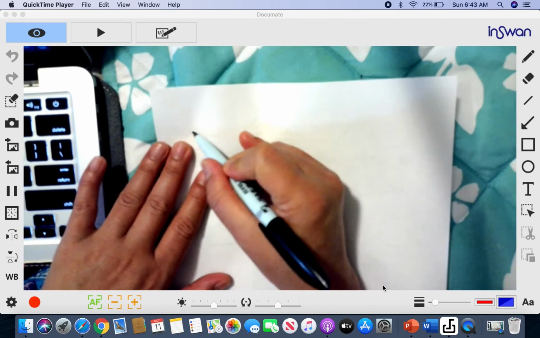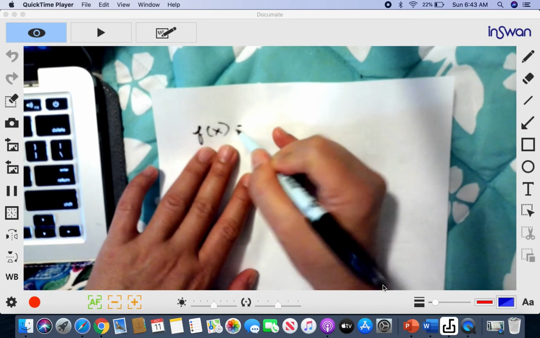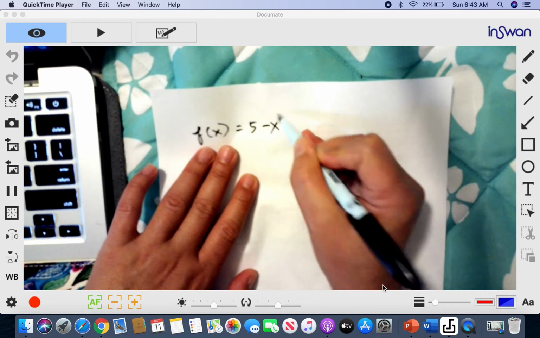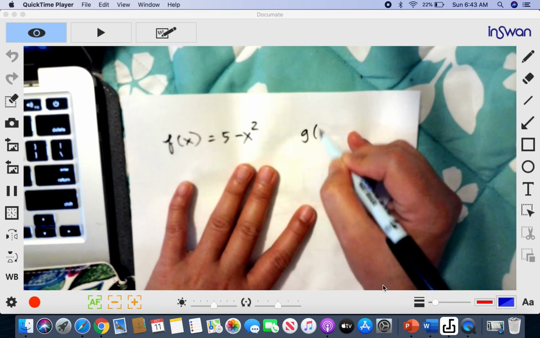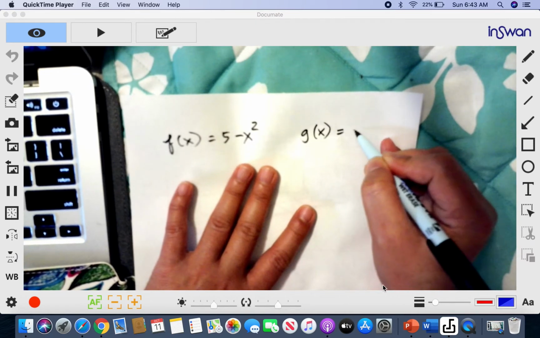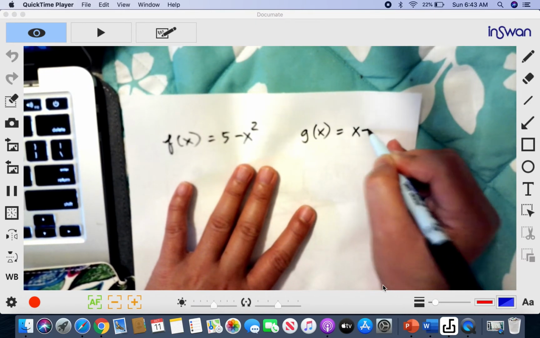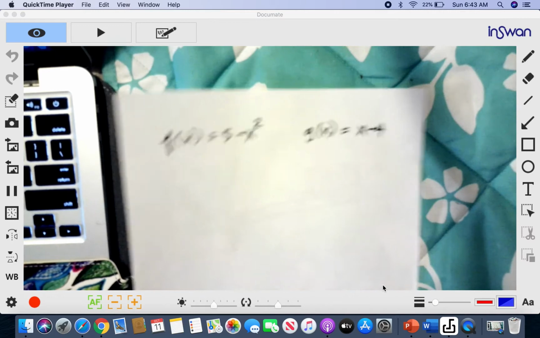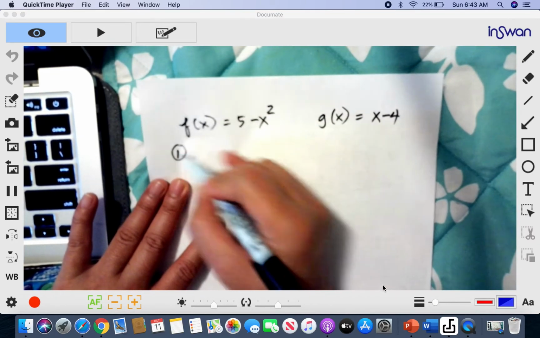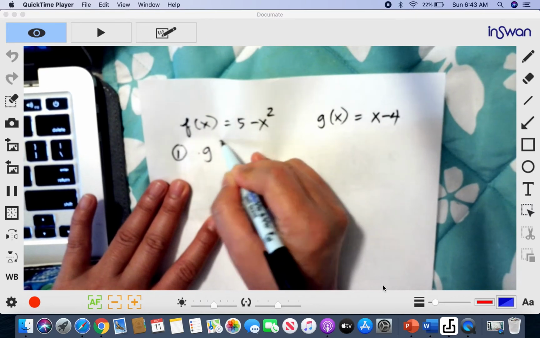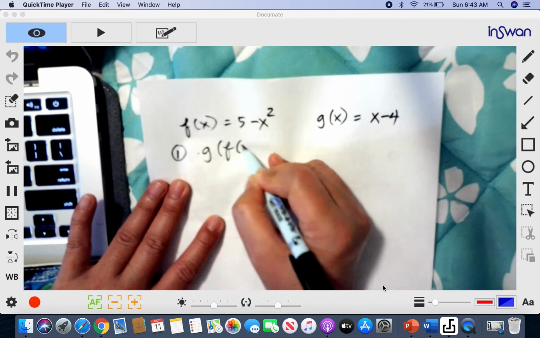Let's say I have f of x equals 5 minus x squared, and my g of x is equivalent to x minus 4. Let's do the simple one first. Let's say I have g composition f of x.